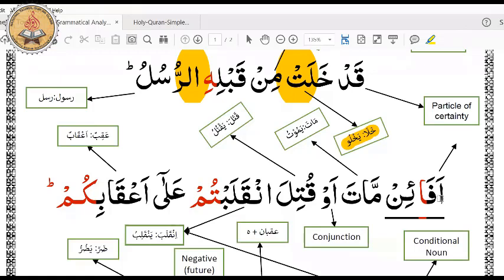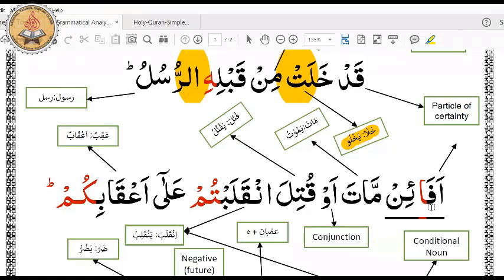And fa, they call this an excessive letter, a supplemental word.